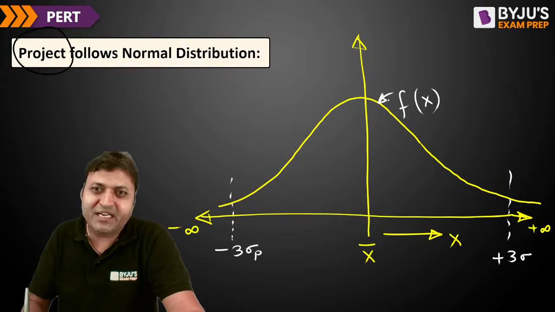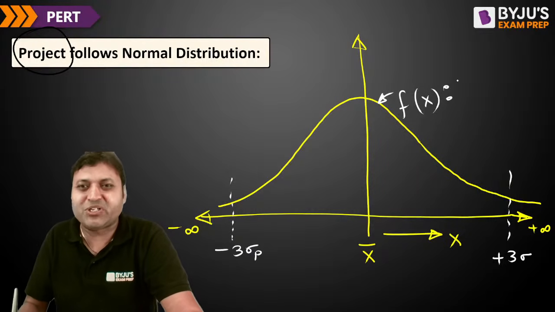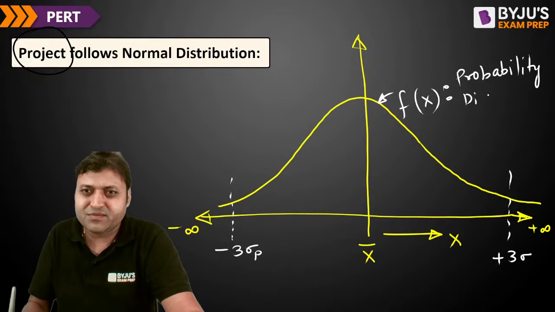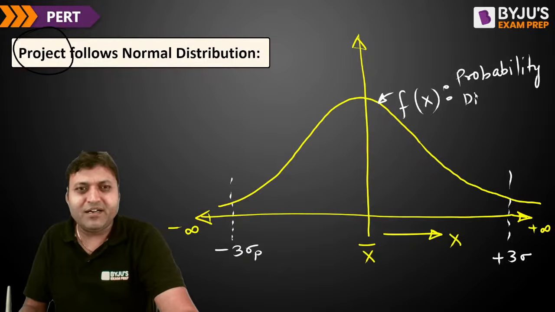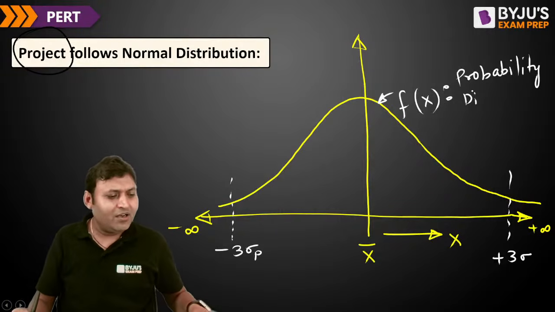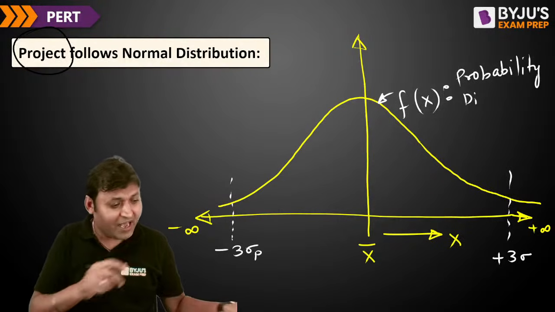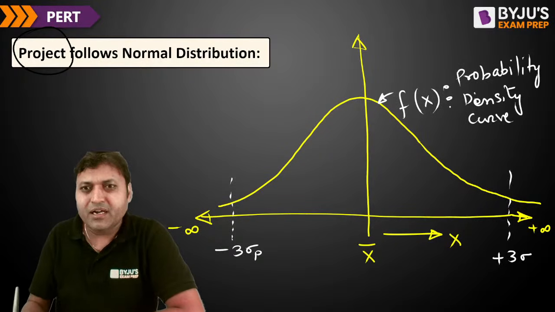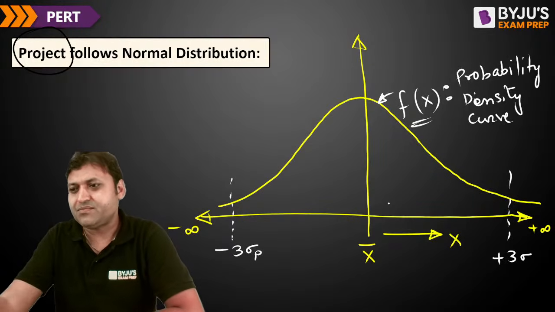This curve represents the probability distribution curve, or it can be called the probability density curve.